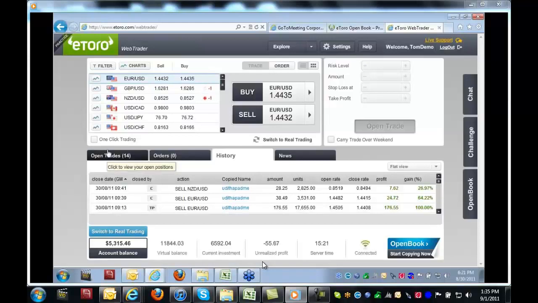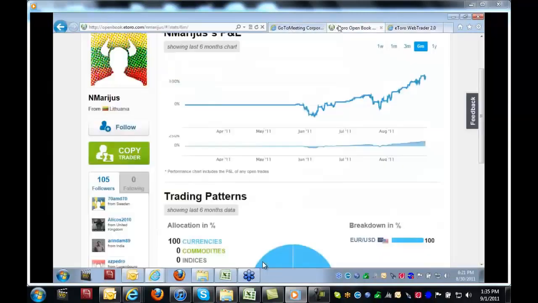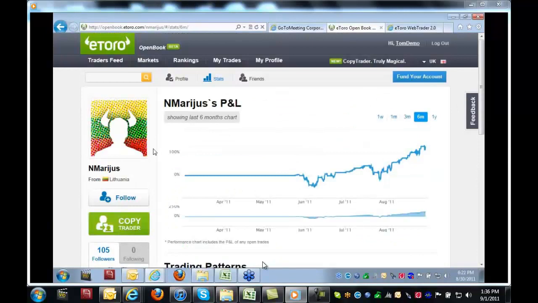Now, if you want to learn about candlestick charts, about fundamental analysis, how to interpret the financial news into your trading, you have an account manager for that who will really teach you the basics and advanced technical analysis and fundamental analysis. But what we're bringing you here with this product is different.